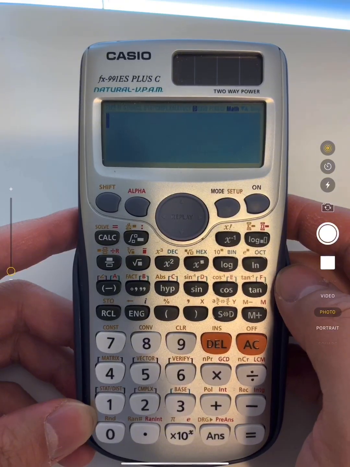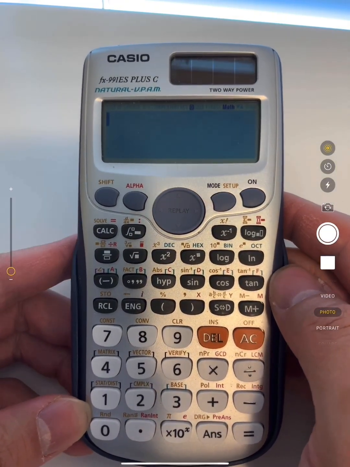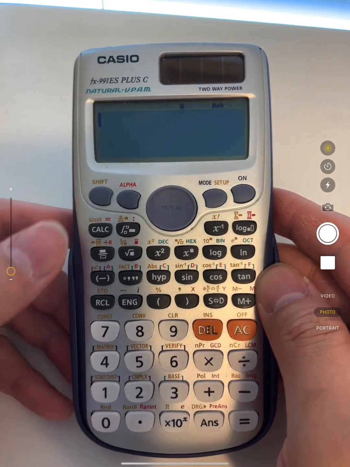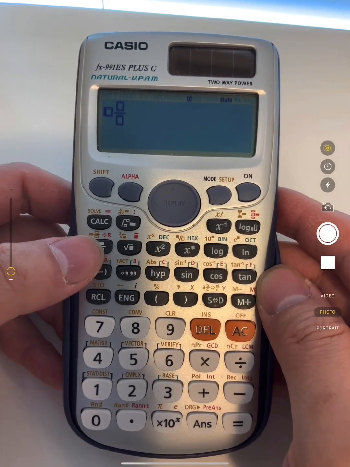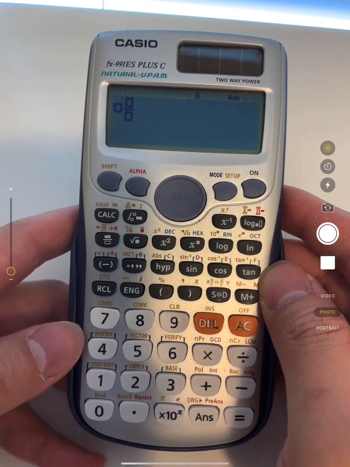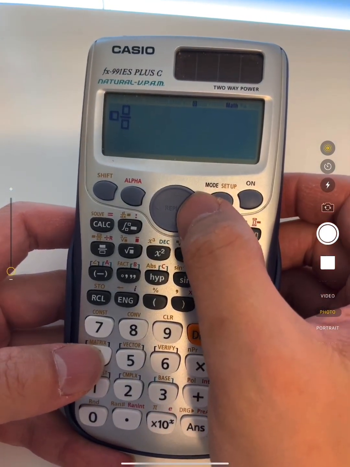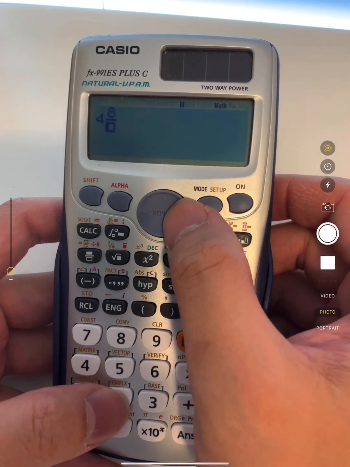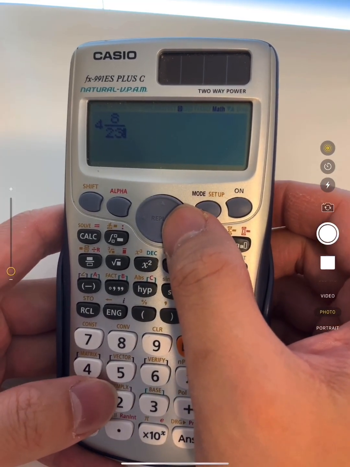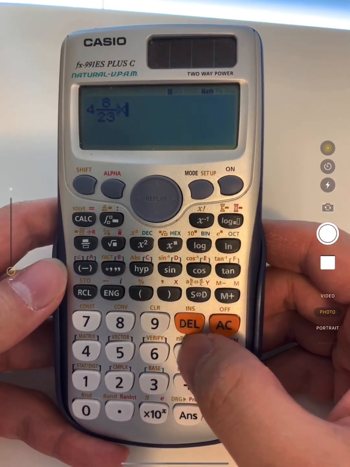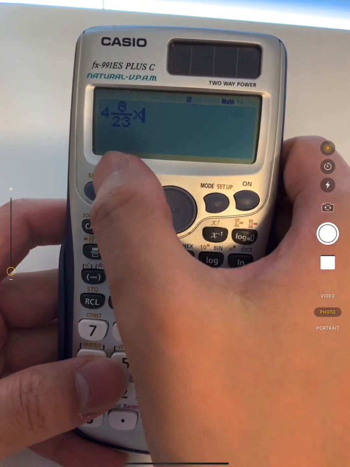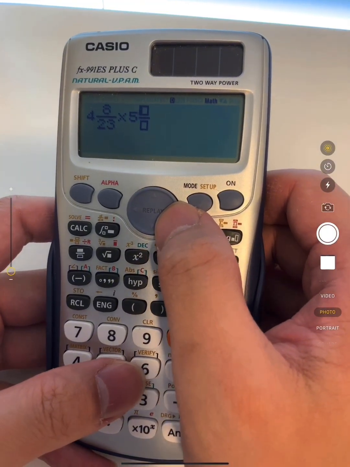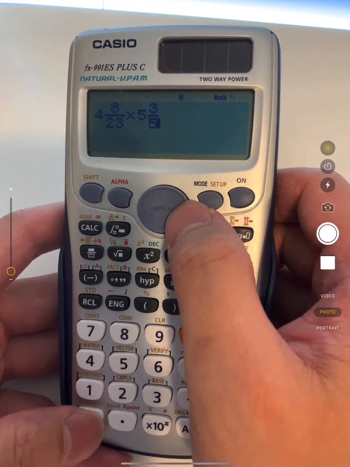So the first question that we are going over is 6K. You see this yellow button here, the fractional button. You want to go to Shift and then press that for the mixed fraction. So I can just type in 4, go right, 8, go right again. So this is 4 and 8 over 23 times, same idea, Shift and then the mixed fraction button, 5, go right, 3, go right, and 50.